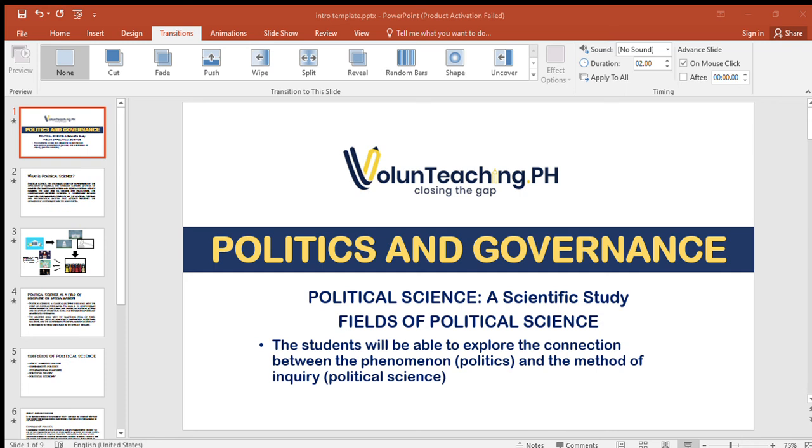And lastly, political economy. Political economy is the study of how economics and politics affect each other. Political scientists in the subfield might look at the impact of economic power in international relations or how different economies develop within similar political systems. So, political economy is usually a study of the relationship between economics and politics.